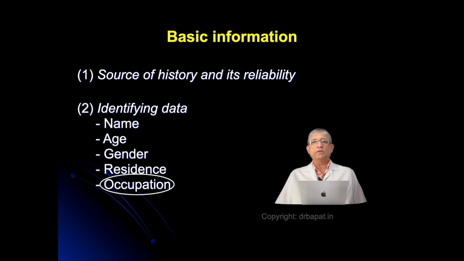What is the role of occupation? Certain occupations are known to have a higher risk of developing certain disorders. For example, varicose veins are more common in jobs involving long hours of standing. For example, traffic police constables, salesmen, nurses working especially in operation theatres, and surgeons.